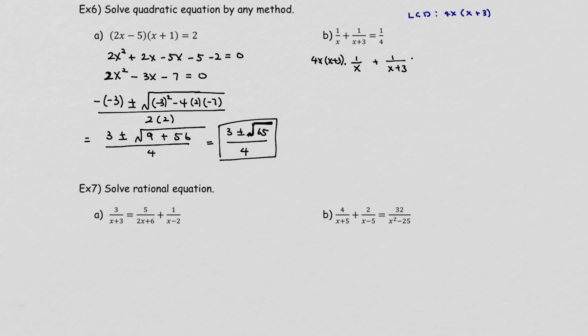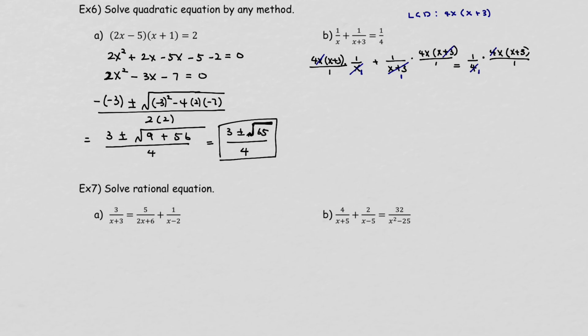I'm going to multiply by 4x times x plus 3 equals to 1 over 4. I'm going to multiply by 4x times x plus 3 over 1, right? So that I will get rid of all denominators. So then x and x cancels out, denominator 1, denominator 1, denominator 1.